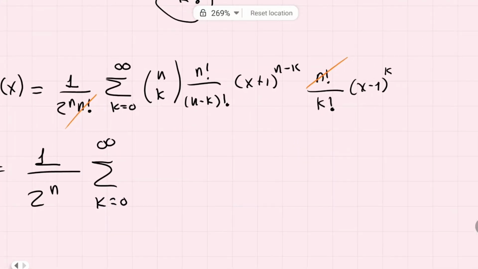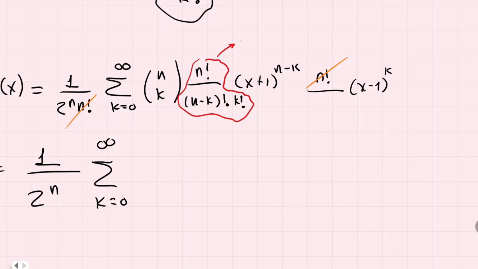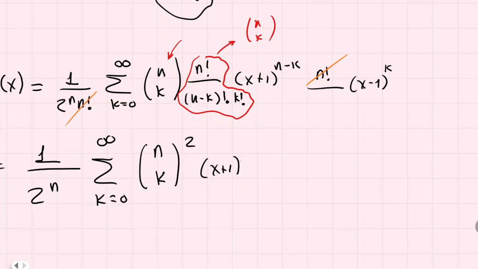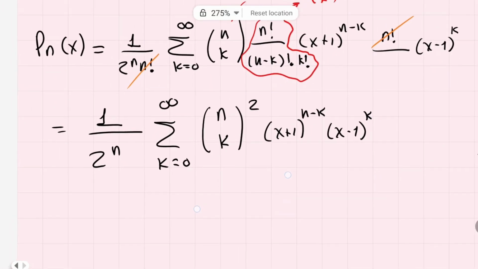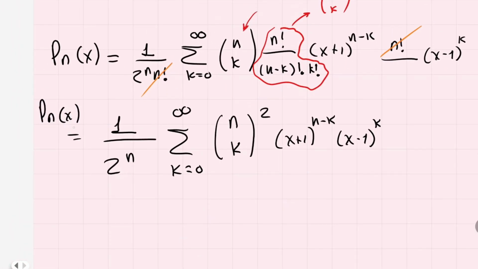And look at that, this k factorial, we can move it here, so we can write this here, and it's easy to notice that this is the definition of the binomial coefficient. This is n choose k. But with this n choose k that we have here, we are going to get n choose k squared. So n choose k squared here, and then x plus 1 to the n minus kth power times x minus 1 to the kth power. And this will be p sub n of x.